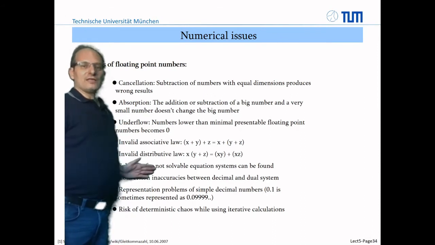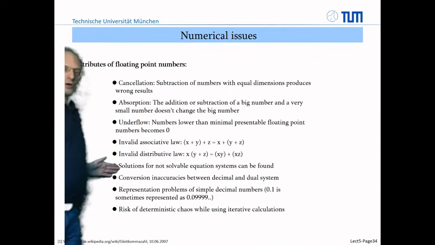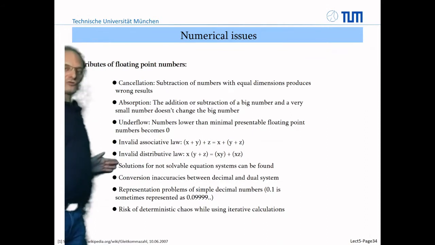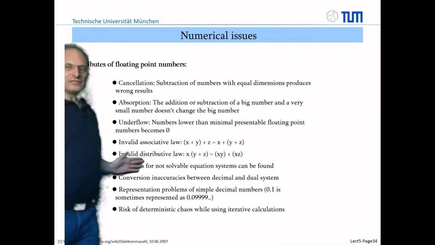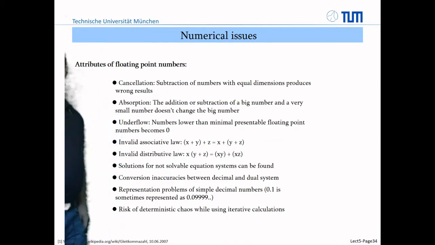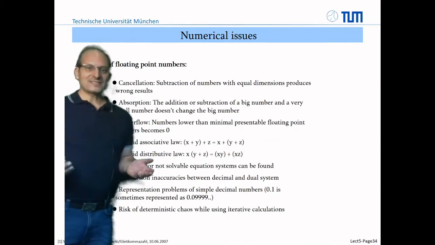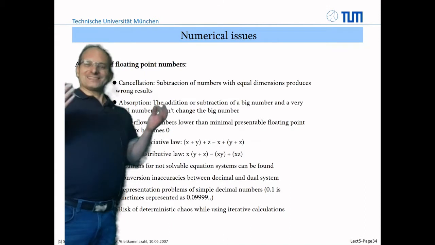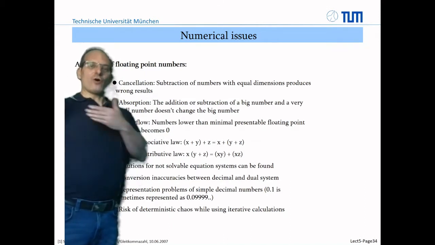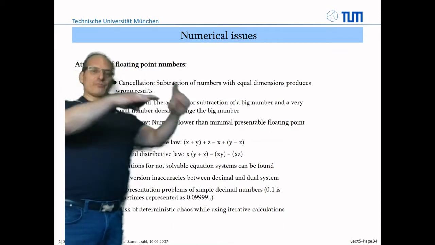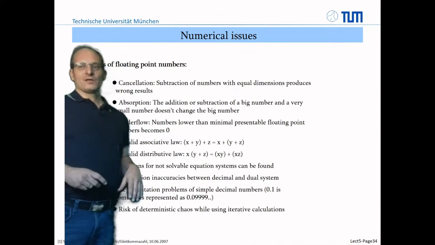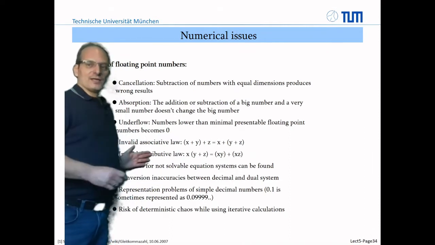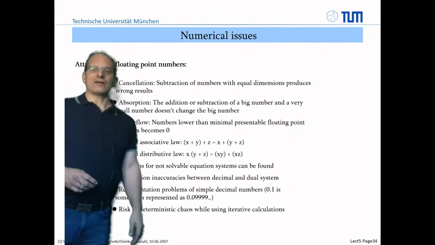Usually you also have problems, for example, if you convert a decimal number into a binary number. The problem here is that it's only a subset. So not all real numbers can be represented in the binary domain, and therefore the conversion might lead to inaccuracies.